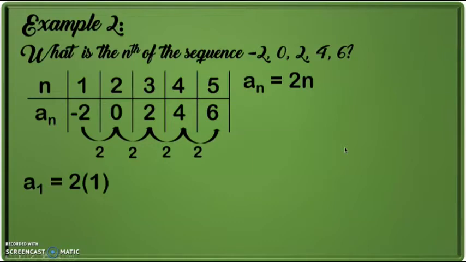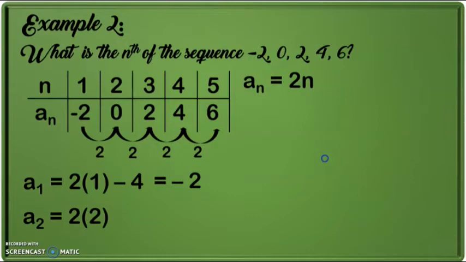And solve for the first term. 2 times 1 and add a constant to get negative 2. And the constant should be negative 4, which will give us negative 2.